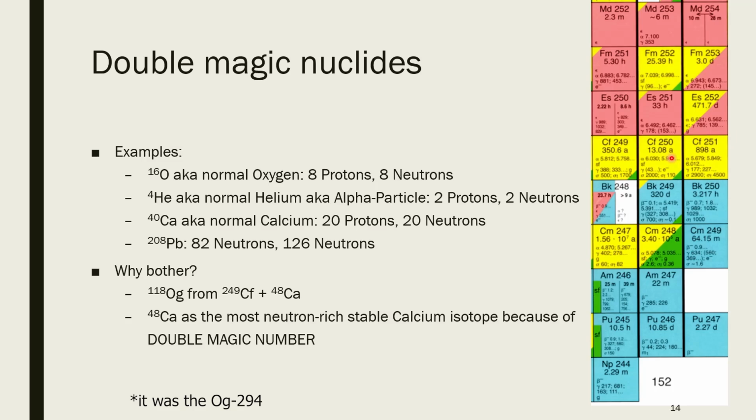In our case, it's best if you use a double magic nucleus, and alongside that, a very high neutron excess, and calcium-48 is just that, with a magic proton number of 20 and a magic neutron number of 28, making calcium-48 a very suitable projectile for creating oganesson.